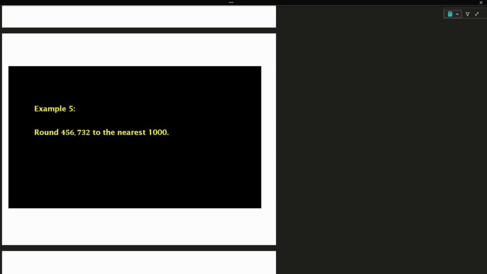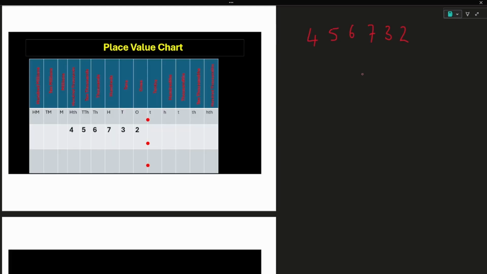Now, next we move to rounding to the nearest 1,000. Here we'll be checking the 100s digit. Now we are asked to round 456,732 to the nearest 1,000. So, using a place value chart, we need to identify the digit in the 1,000 place.